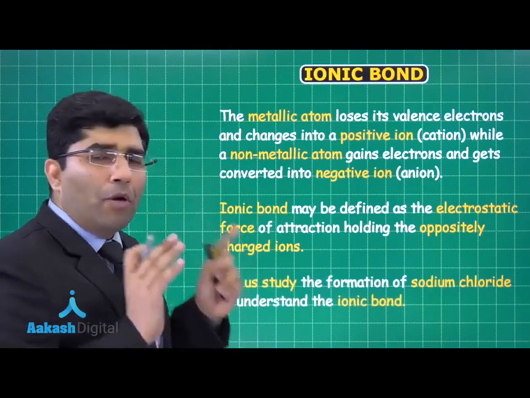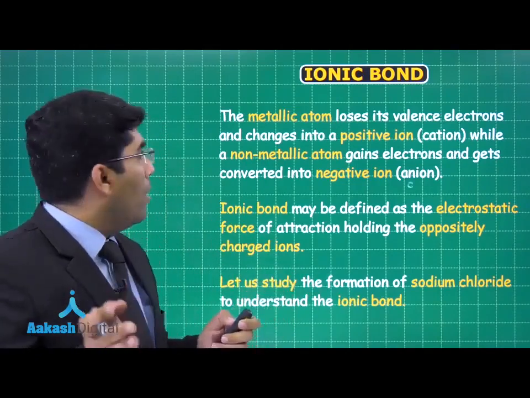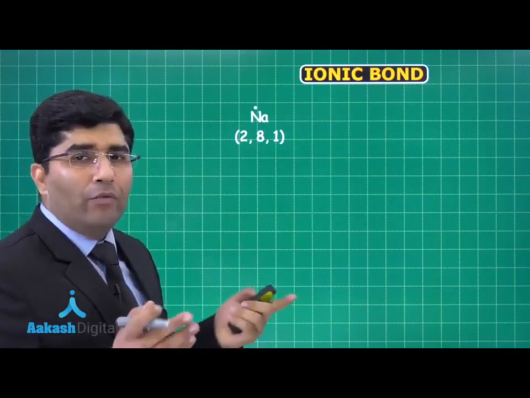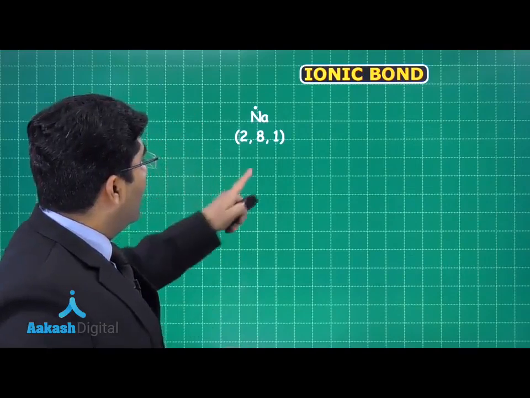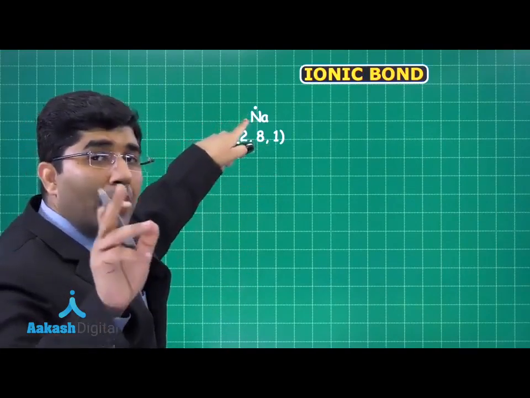Let us study the formation of sodium chloride. This is sodium having electronic configuration 2, 8, 1, and you can see that this one is represented by the dot.